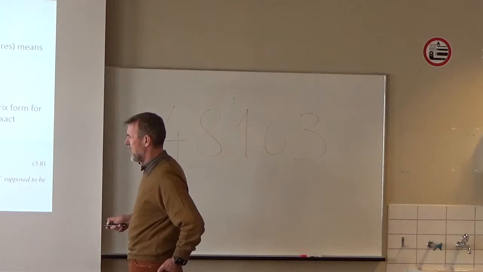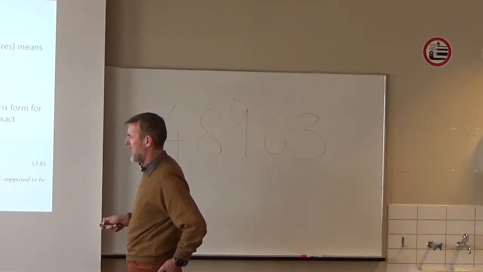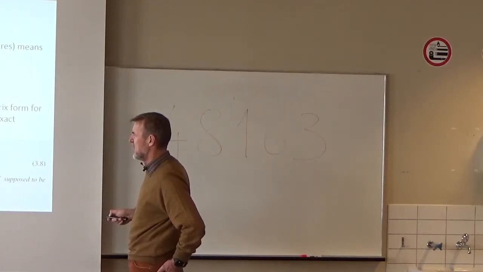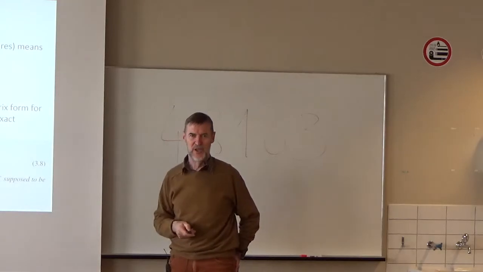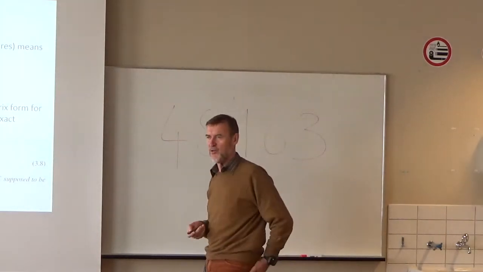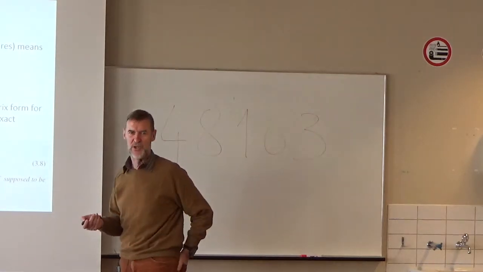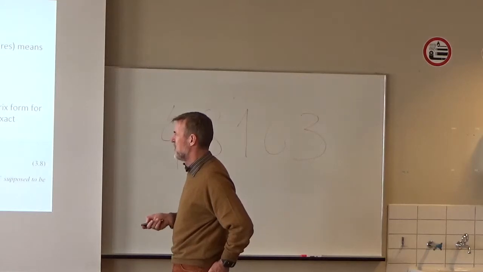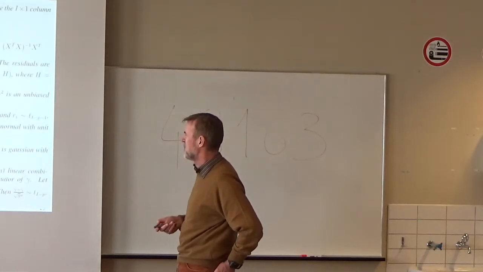We assume, of course, that the model makes sense, so x has a rank which is equal to the dimension of the parameter here. Otherwise, it means the model is not well specified. If there are multiple parameters that give the same model, it will be impossible to find what is the parameter of the model. So that's an assumption we must make, but it's not a limiting assumption.